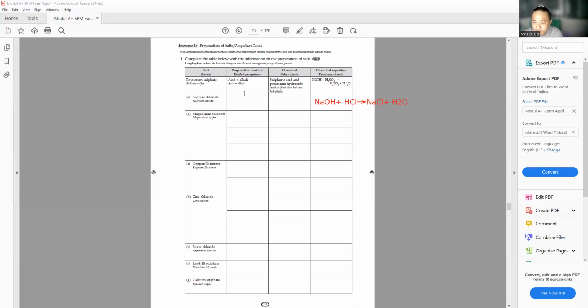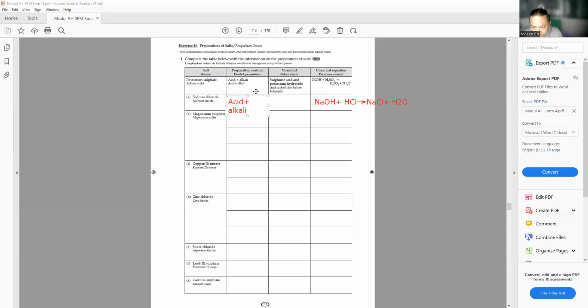Right. Here it is. What is this? Preparation method. What is this preparation method? Acid plus alkali.